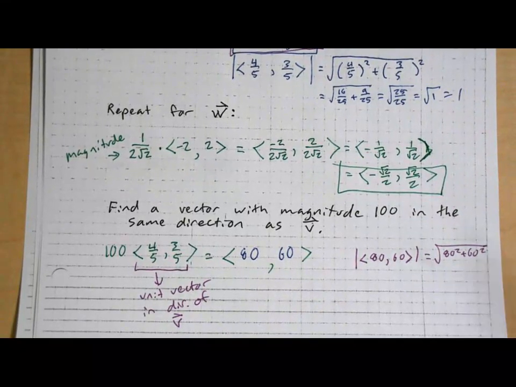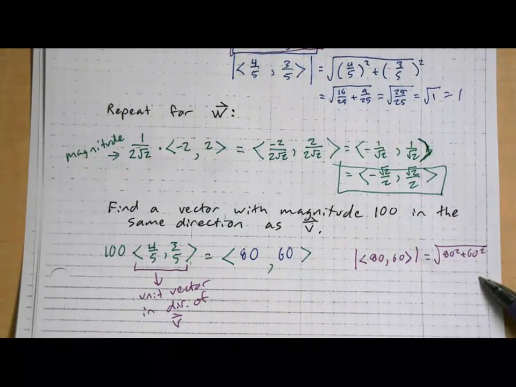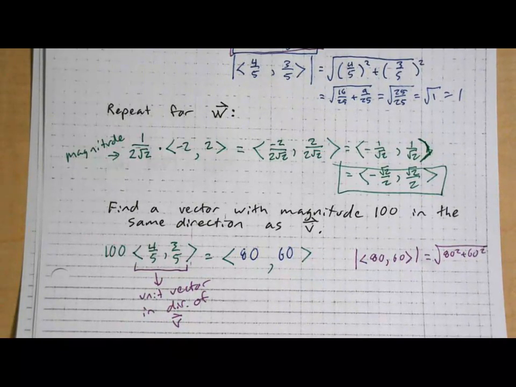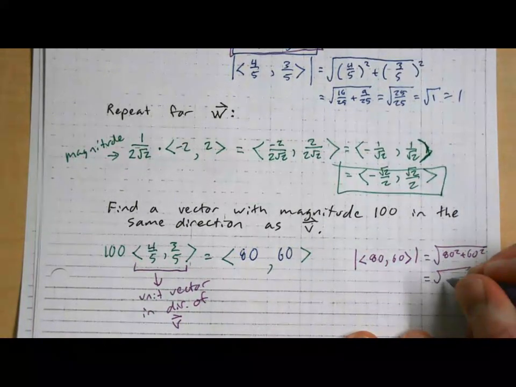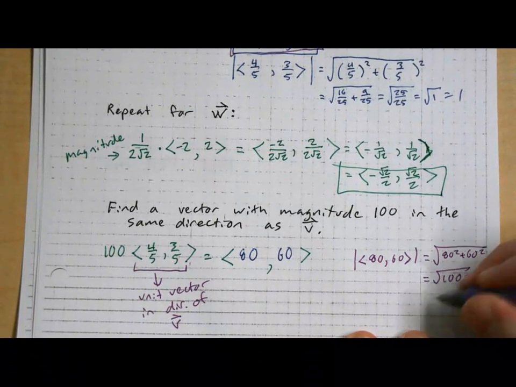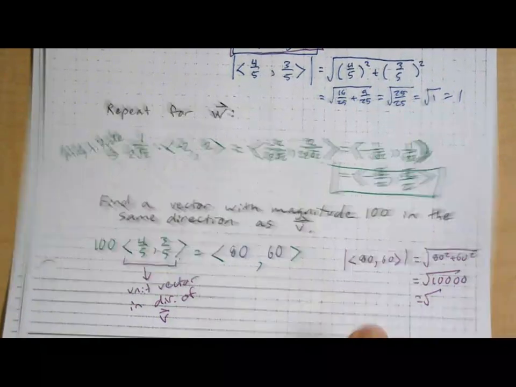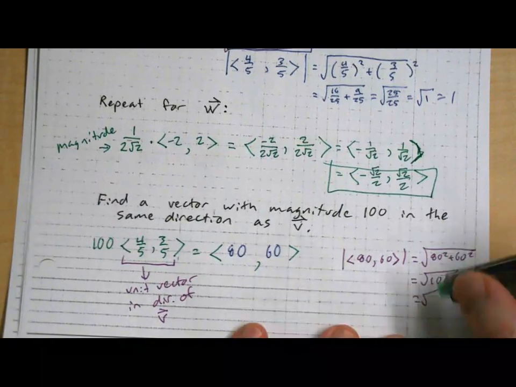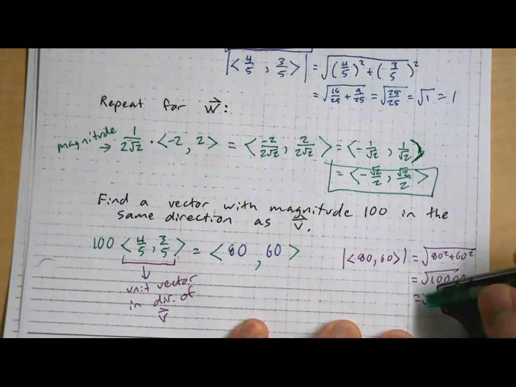That's 6,400 plus 3,600, which is 10,000. And the square root of 10,000 is 100. So it works.